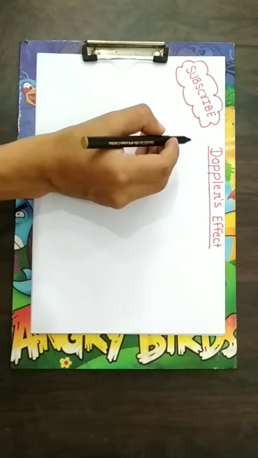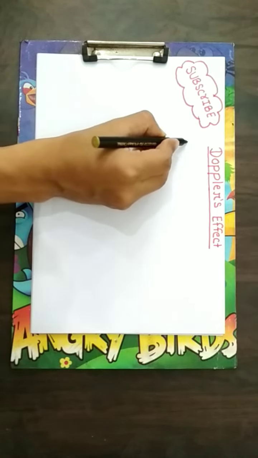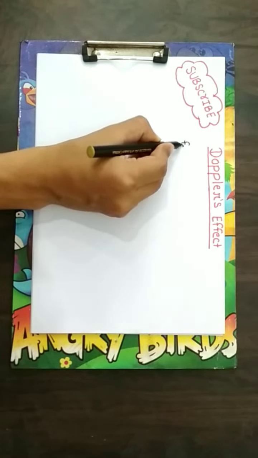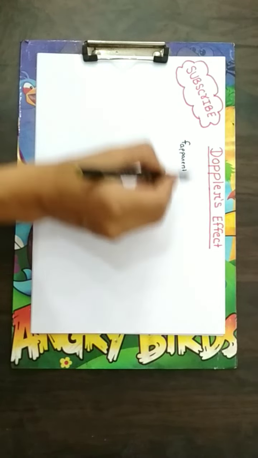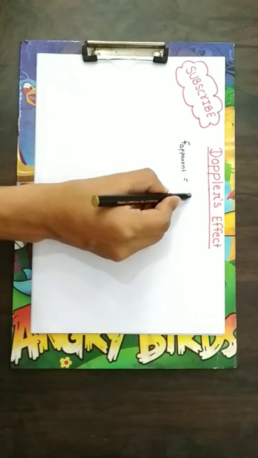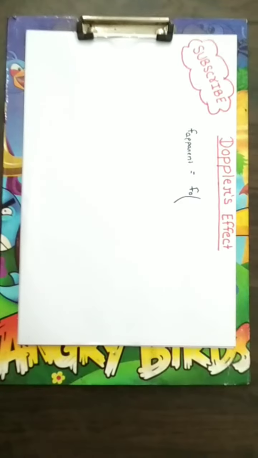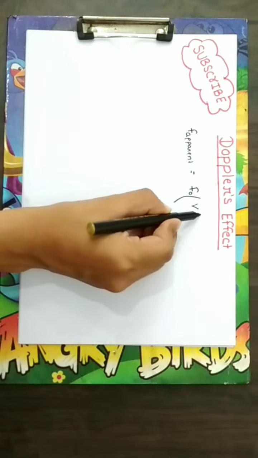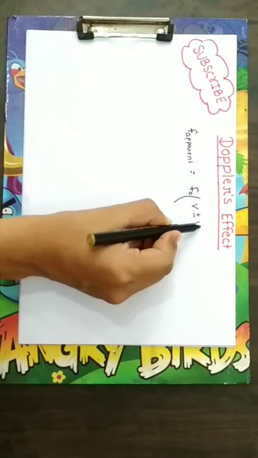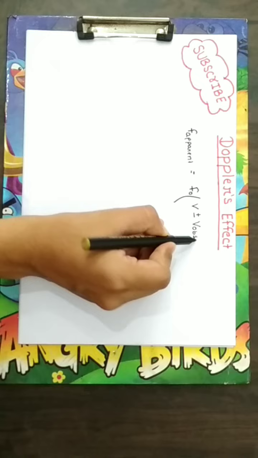The formula is F apparent, F stands for frequency, is equal to F naught times velocity of sound plus or minus velocity of observer, divided by velocity of sound plus or minus velocity of source.